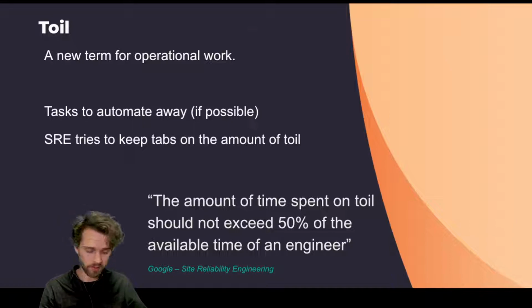Some toil is unavoidable, and also not necessarily something you should automate away. It would be hard to automate away, for example, a meeting or the training of juniors, which in the long run is valuable work, but it's still considered toil.